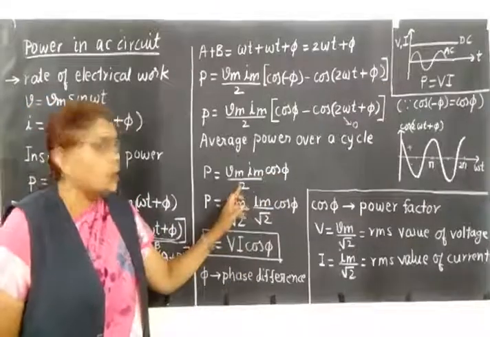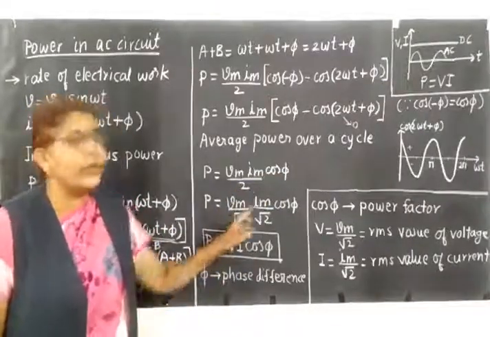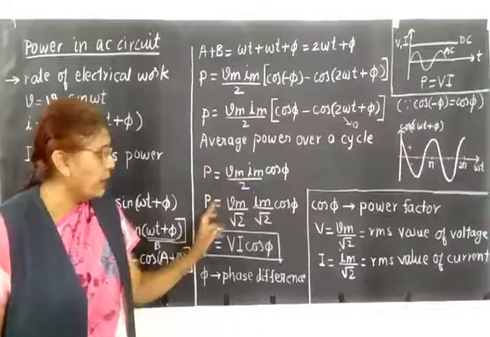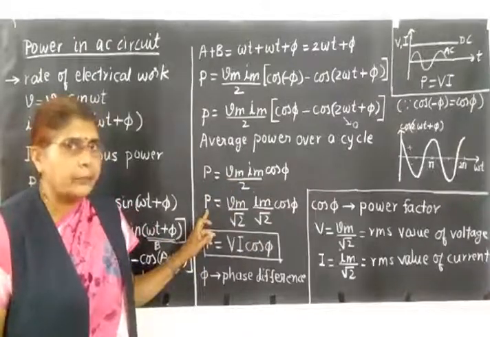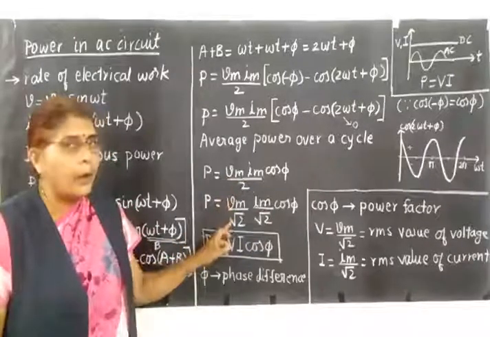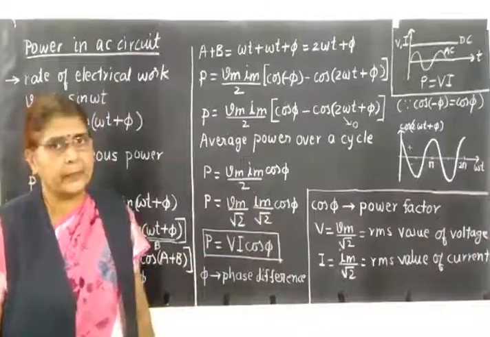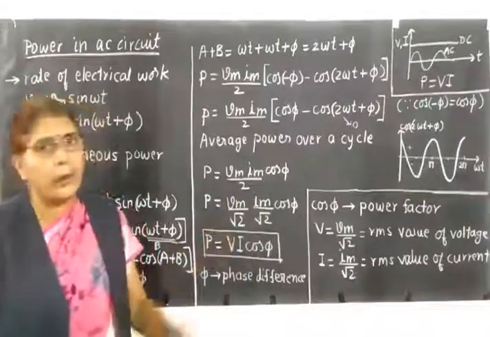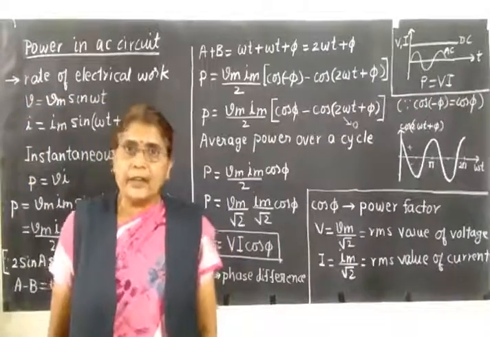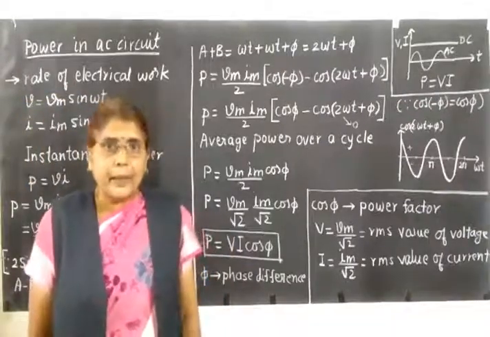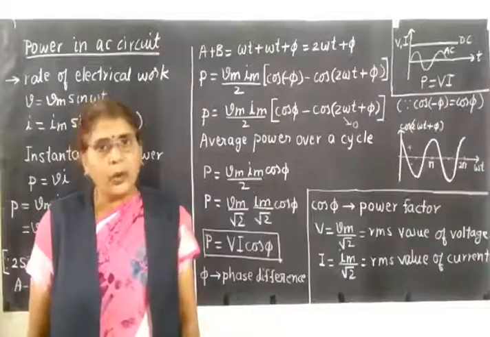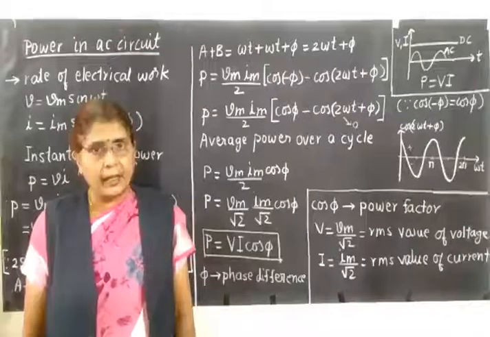Now this 2 I shall split as root 2 into root 2. So the average power P is Vm upon root 2 into Im upon root 2 into cos phi. Now what is Vm upon root 2? In the first session we had seen that the peak value divided by root 2 gives you the RMS value.